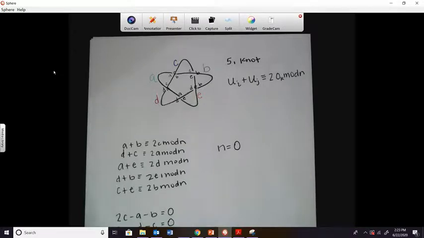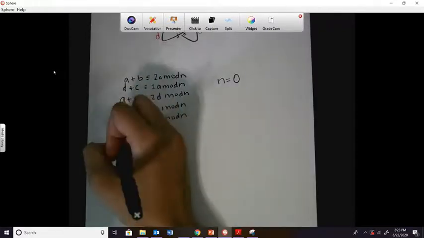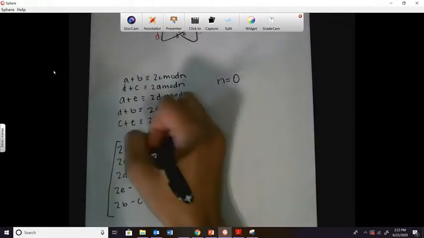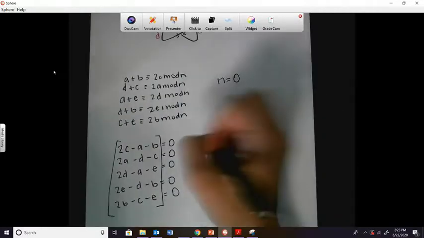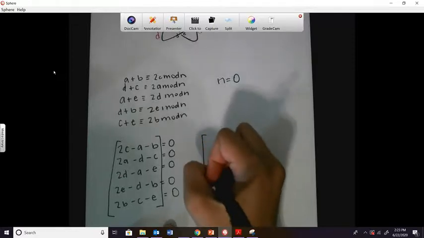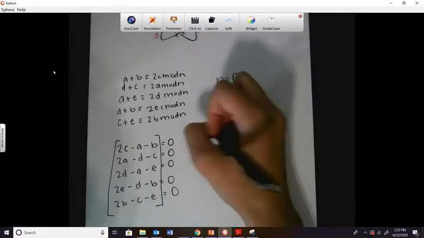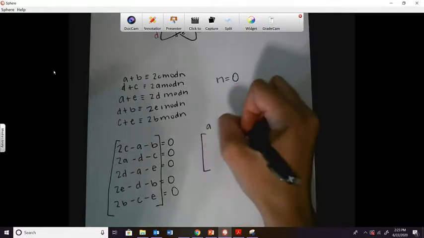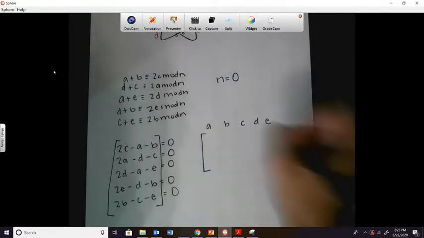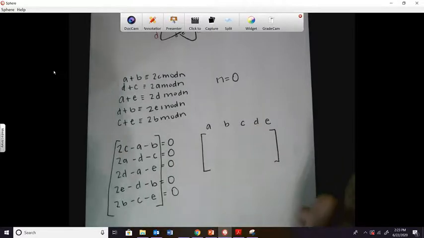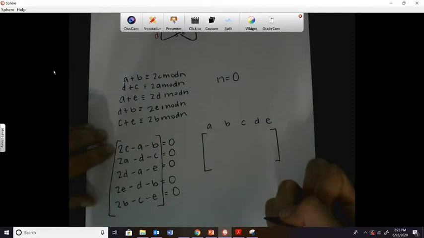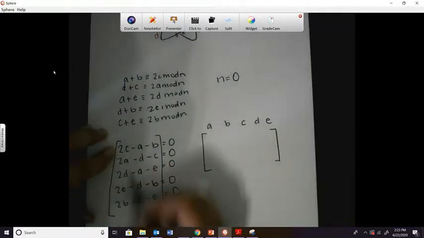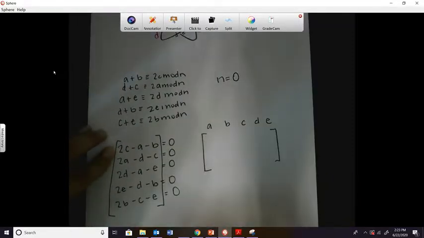So when I have all these set up, I'm going to set up the coefficient matrix of these equations here. Now when I do this, I want to make sure to keep everything in line, so I'm going to go A, B, C, D, and E. I also want to make sure that I am putting the correct coefficients. So here you can see that we have positive 2's and all negative 1's for the remainder.